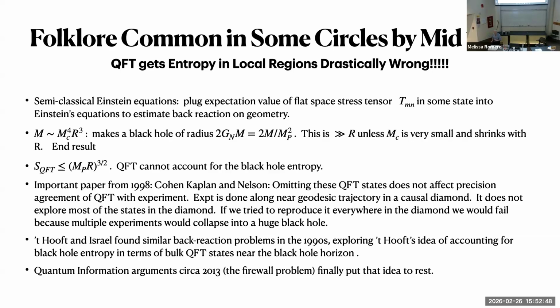So this is not what Cohen, Kaplan, and Nelson did. They did real quantum field theory calculations and showed that you could throw out these states and it didn't matter. But this is the intuitive reason why what they did worked.